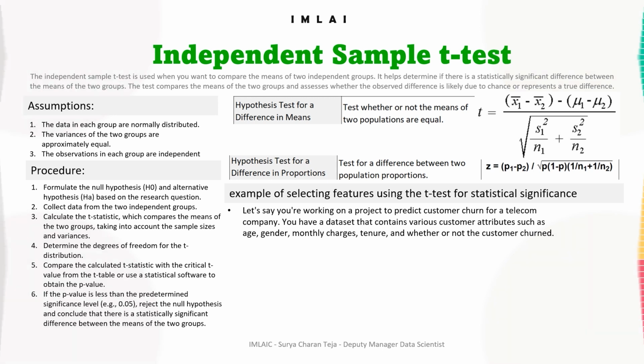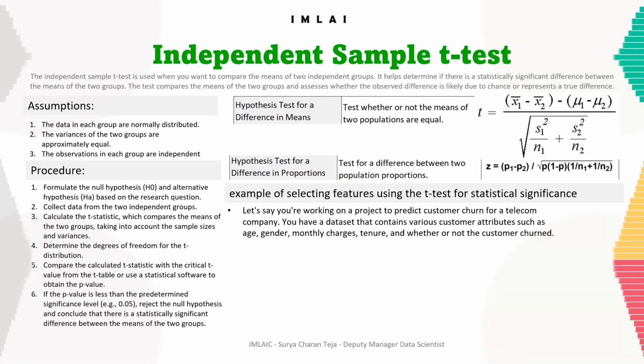So let's say you are working on a project to predict customer churn for a telecom company. You have a data set that contains various customer attributes such as age, gender, monthly charges, tenure, and whether or not the customer churned.